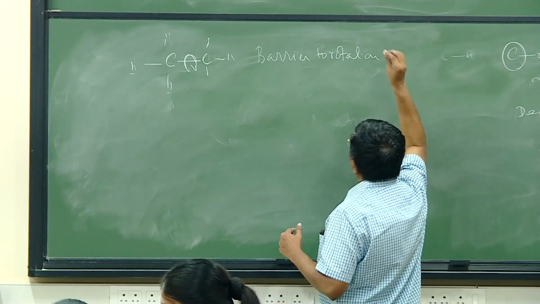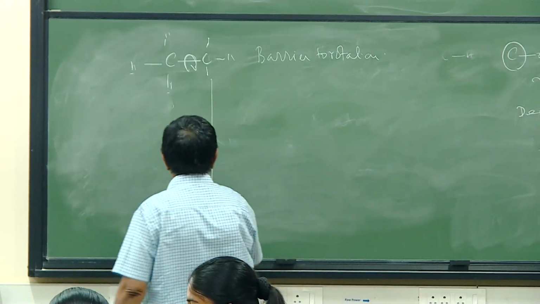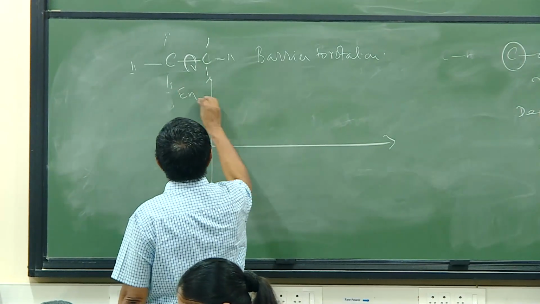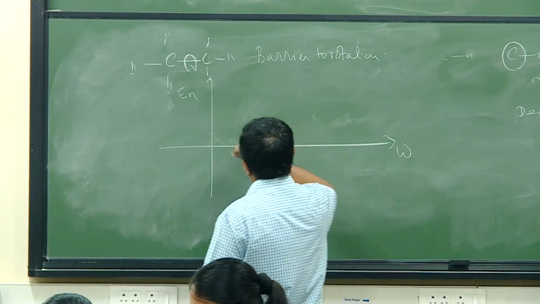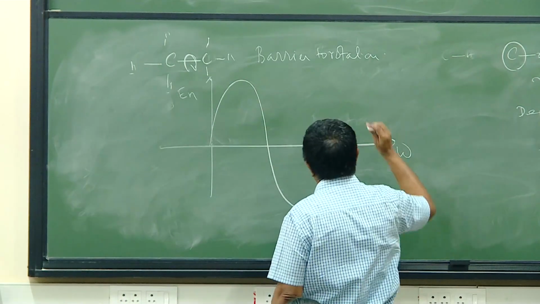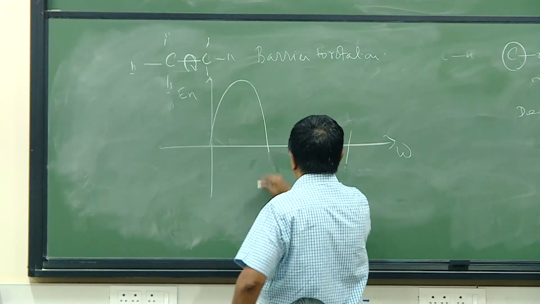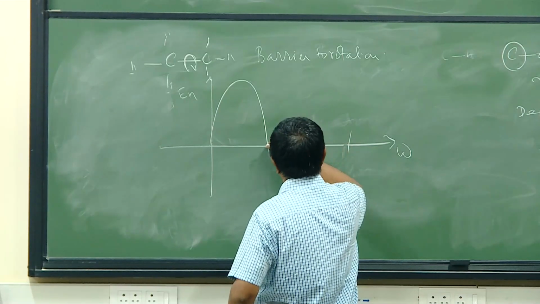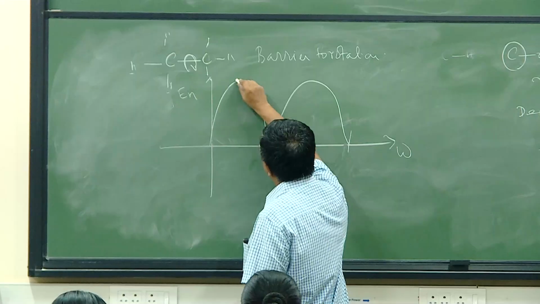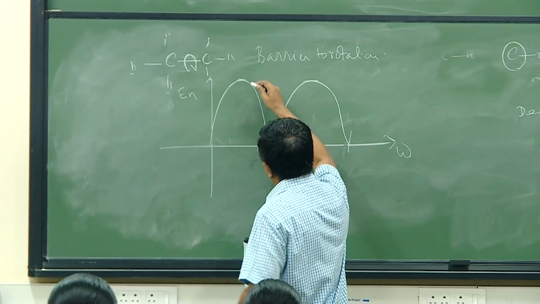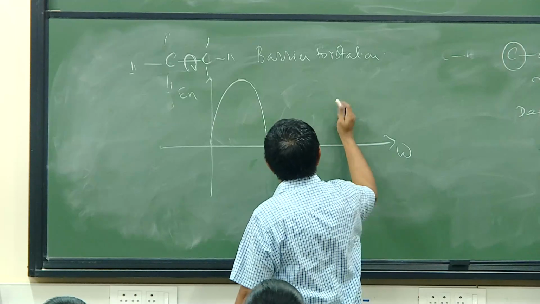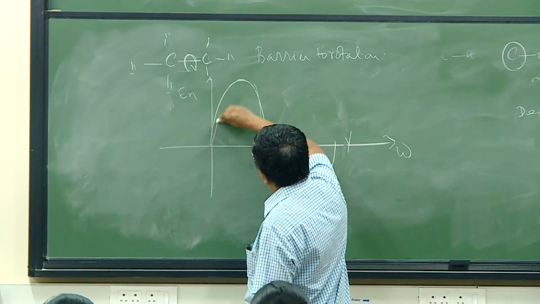rotation. I can plot this as E as a function of omega, 90, 180 and so on, like this. When I rotate, I am not considering the other aspects.